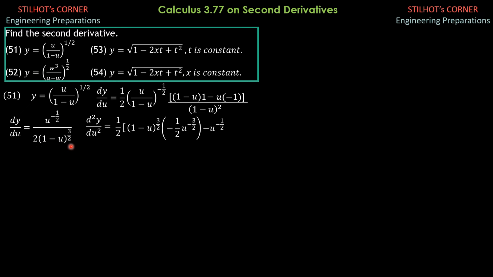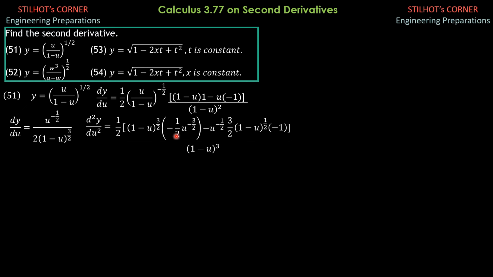Derivative of denominator 3 halves quantity 1 minus u to the 1 half times negative 1, because derivative of 1 minus u is negative 1. Then all over square of the denominator, which is 1 minus u to the third, or 1 minus u cubed. So let's simplify.